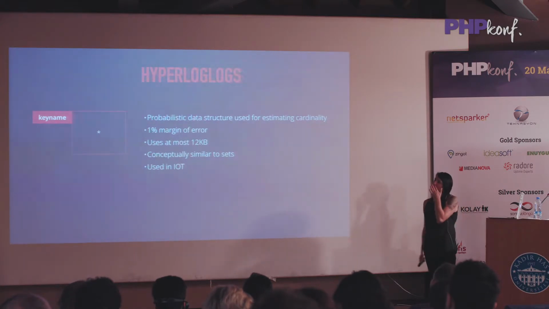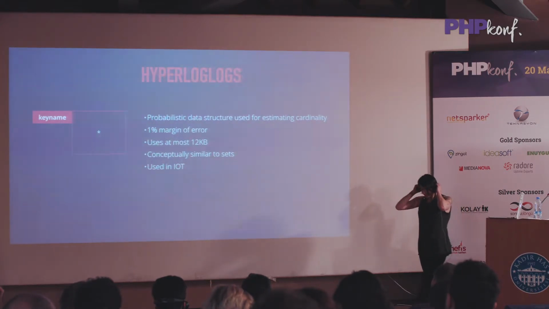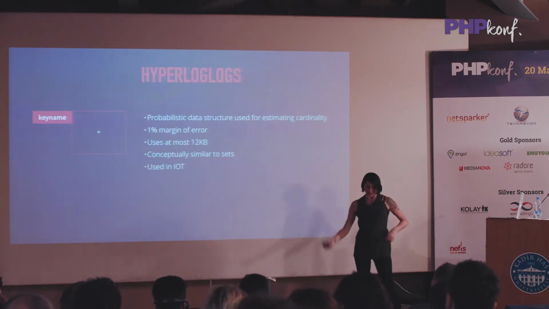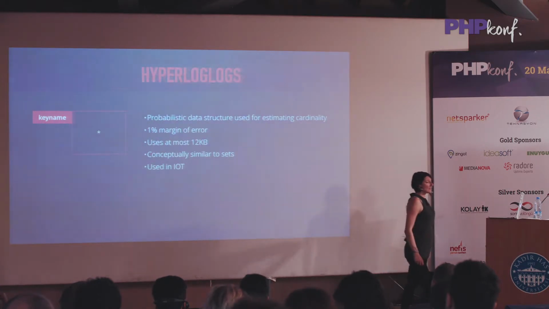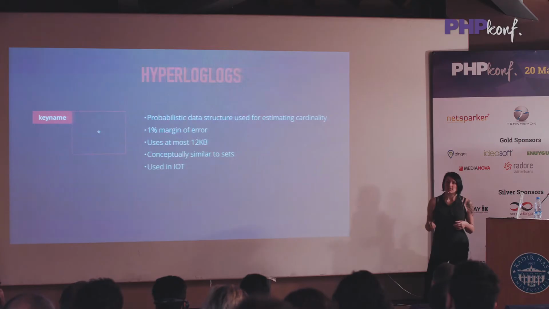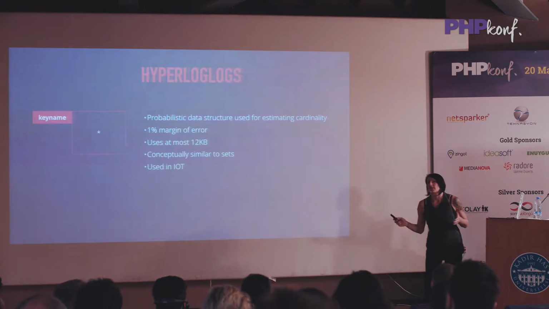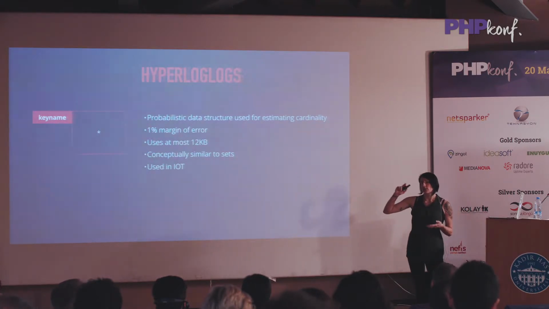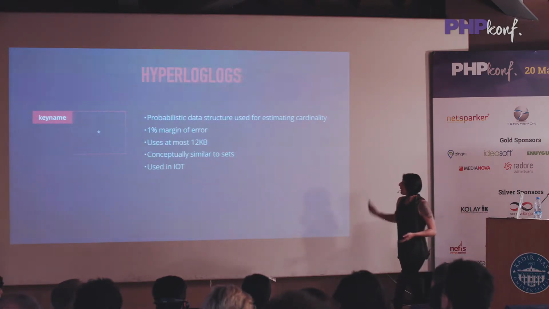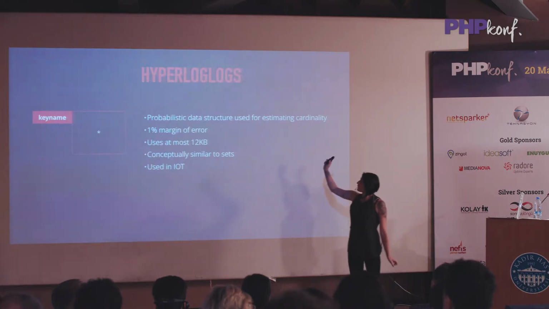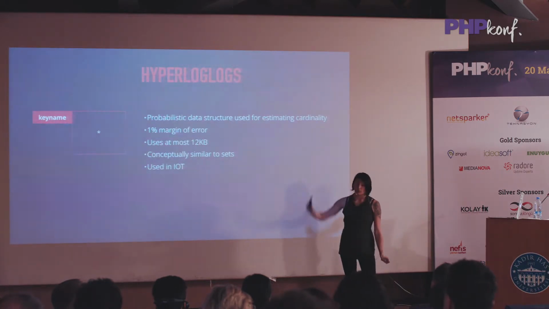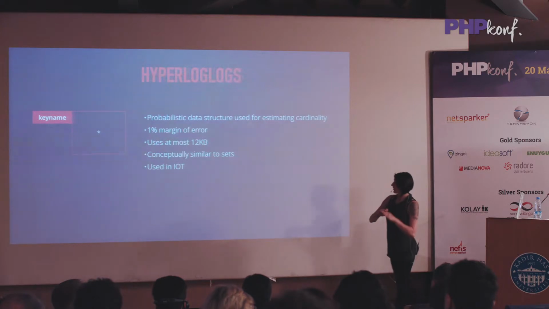HyperLogLogs are also a very interesting data structure, used a lot in Internet of Things. It handles a lot of data, and it's conceptually similar to sets, because it represents only uniqueness of a certain set. This is used for estimating cardinality. First of all, it's not completely certain.